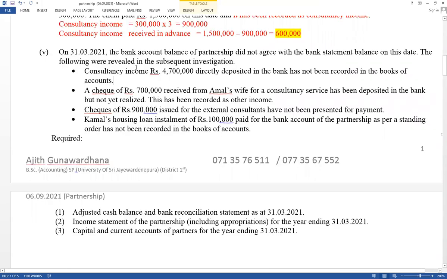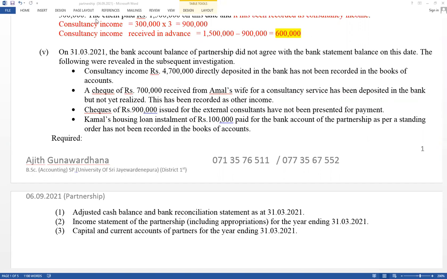It has been given that on 31st March 2021, the bank account balance of the partnership did not agree with the bank statement balance. Think about the closing balance, which is not equal. The bank statement balance is not equal to the cash control account balance. The closing balances are not equal.